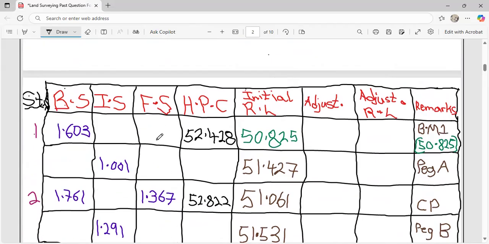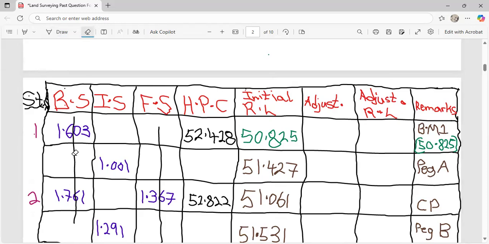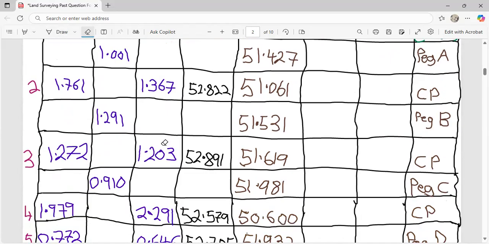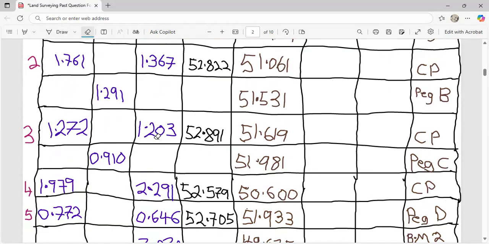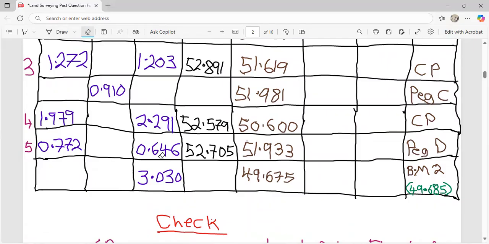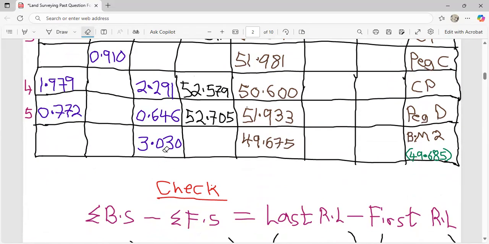Now let's add all our foresights. The readings in this column are the foresights, and the readings in this column are the backsights. So let's quickly add the foresights: 1.346 plus 1.203 plus 2.291 plus 0.646 plus 3.030.